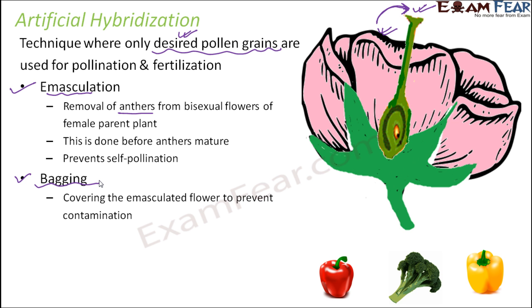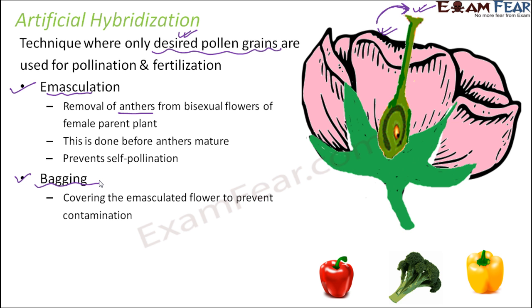Now this flower which you see on the screen, if you put it inside a bag, what will happen? No pollen grains from anywhere can reach it, because wind pollination can take place, and pollination can take place by insects. From any direction pollen grains can come in, but we do not want any other pollen grain to disturb this female reproductive part.